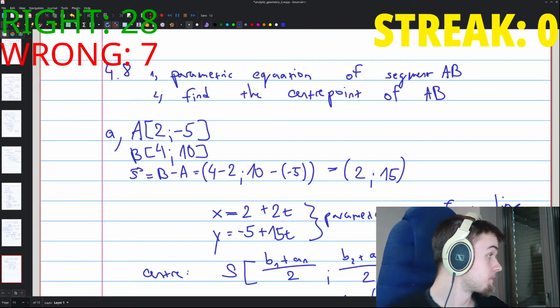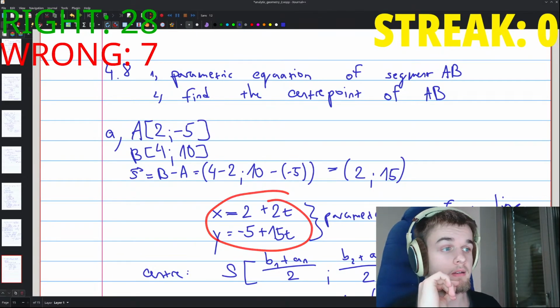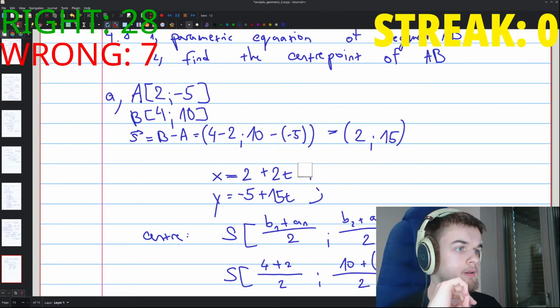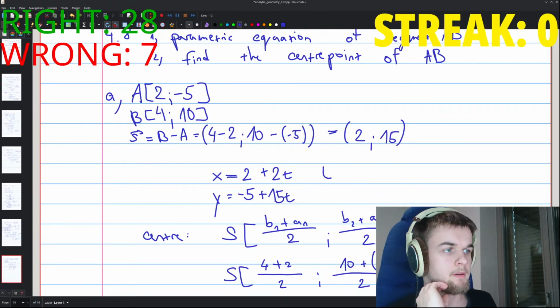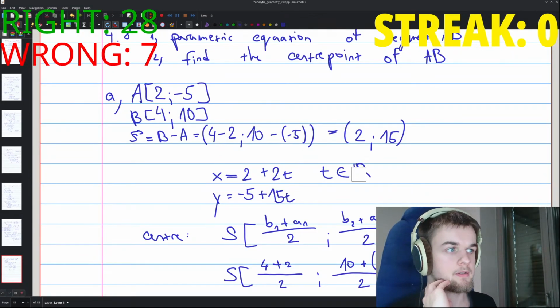So actually, I'm the stupid one here, as usual. The only difference between the parametric equation of a line and of a segment is that for the line, t belongs to the real numbers.